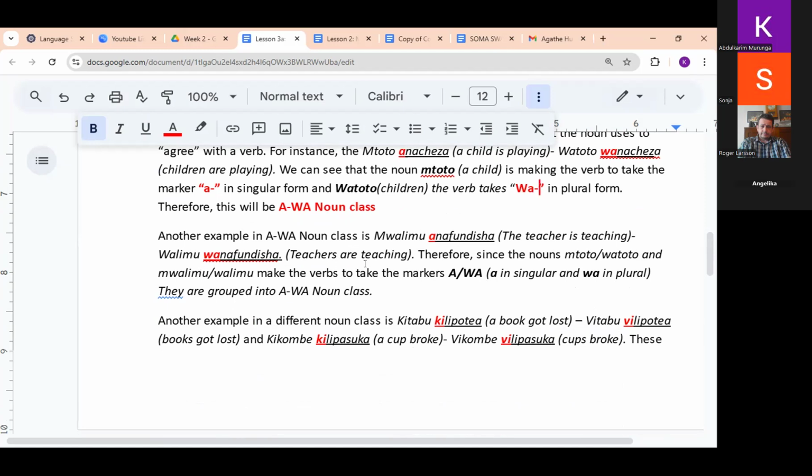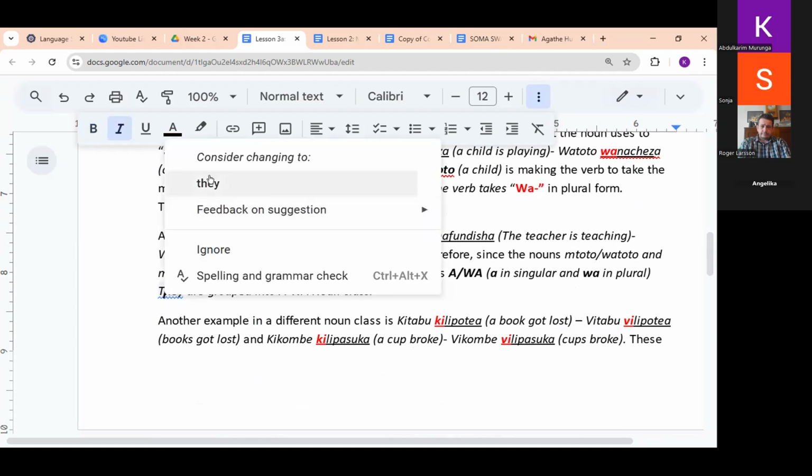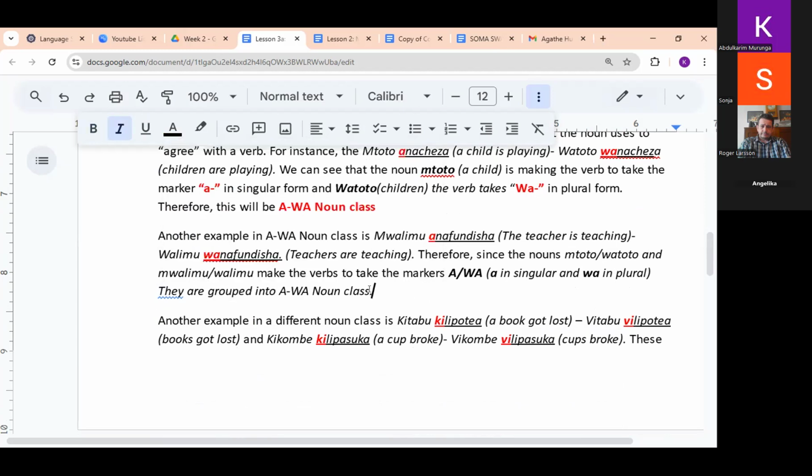Walimu wanafundisha, teachers are teaching. Since mtoto, watoto, mwalimu, walimu make the verb take the marker a in singular form and wa in plural form, they're grouped into the a-wa noun class. These groups don't make any difference; the markers are just constant in the way we use them with the verbs.